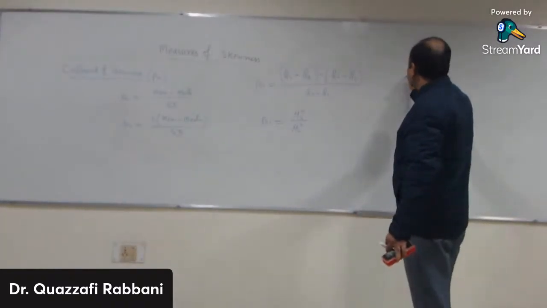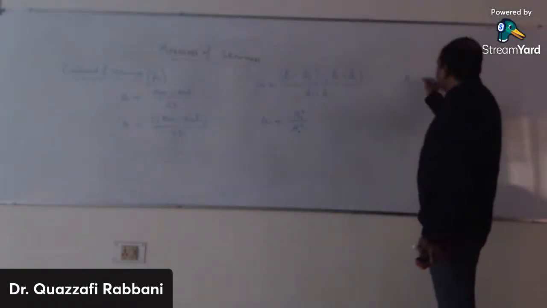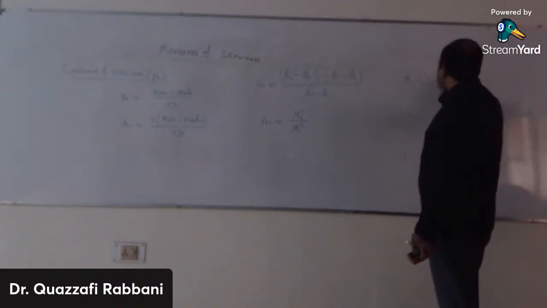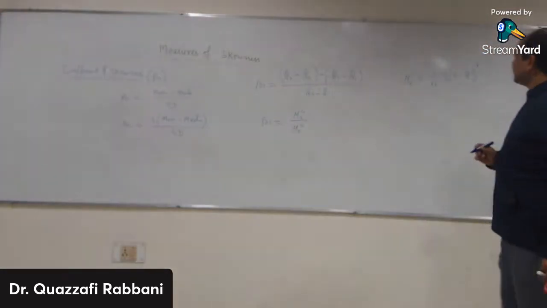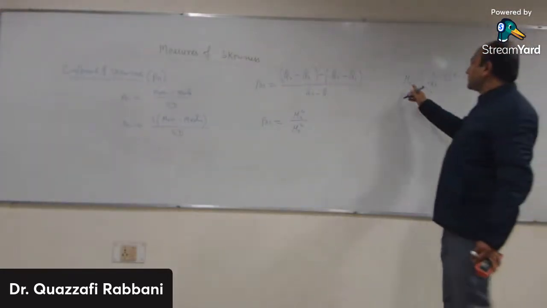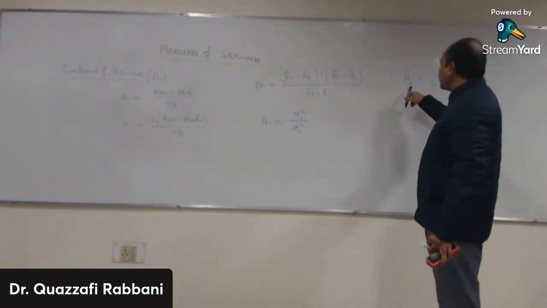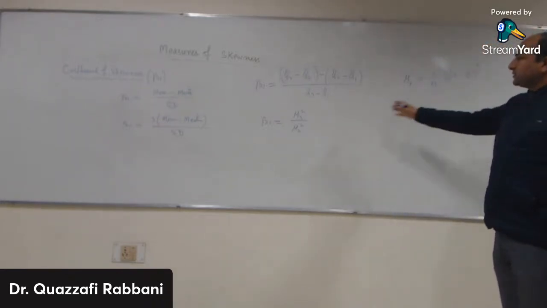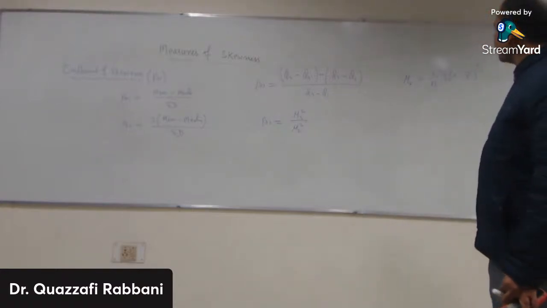Suppose mu r, the r-th central moment, is equal to 1 upon n summation of (x minus x bar) to the power r. If you take r equal to 1, this is the first moment, r equal to 2, this is the second moment. So from this formula you will get the values of different moments.